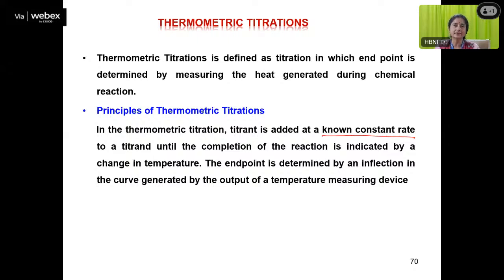For other titrations, the rate can be changed in between, since finally it is a visual detection of the endpoint. But here it is a temperature change, and therefore constant rate maintenance is very important. The endpoint is determined by an inflection in the curve generated by the output of a temperature measuring device.